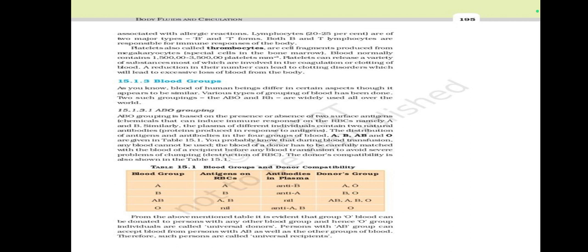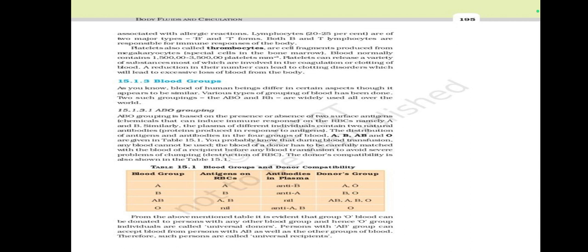Platelets can release a variety of substances, most of which are involved in the coagulation or clotting of blood. The reduction in their number can lead to clotting disorders, which will lead to excessive loss of blood from the body.